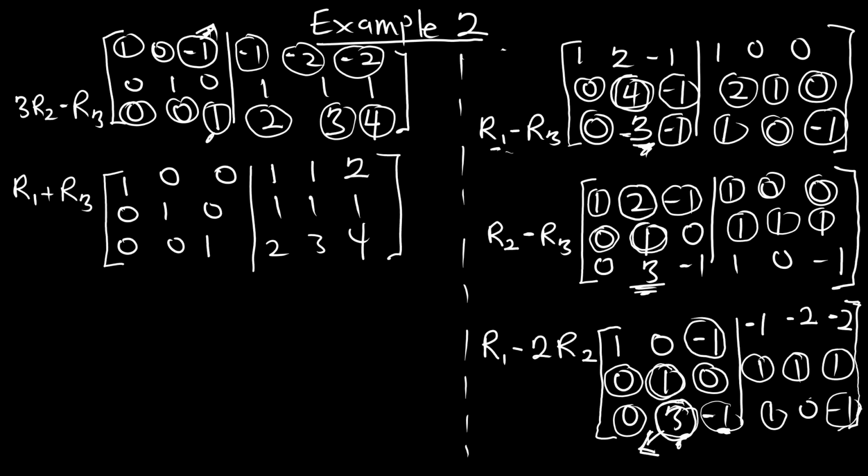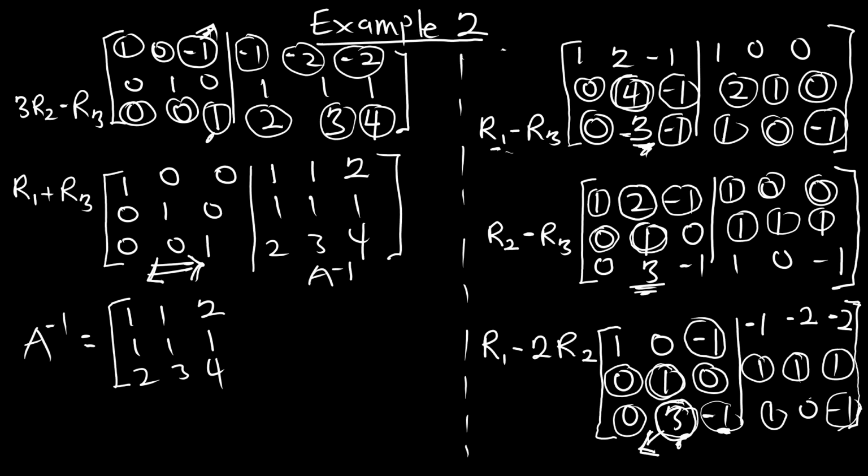So now when you check, I've converted this matrix into the identity matrix. So whatever is here becomes the inverse of the matrix. Therefore, A inverse is going to be 1, 1, 2, 1, 1, 1, 2, 3, 4. So this is the inverse of the matrix A after performing the row operations.